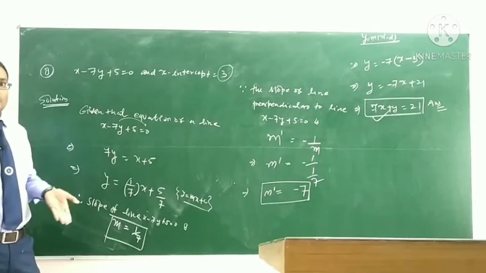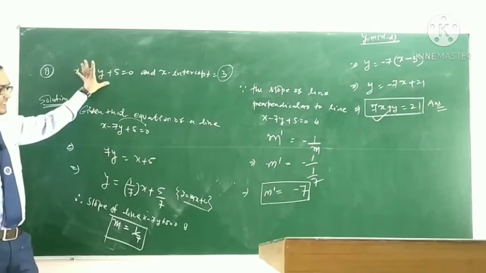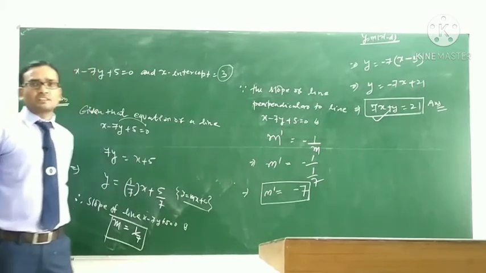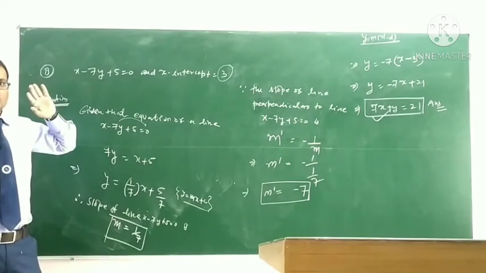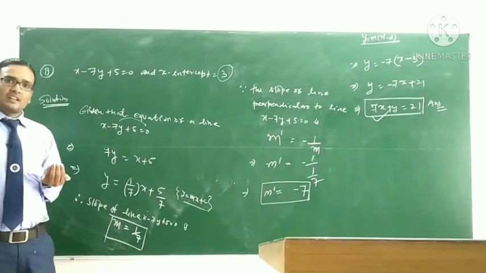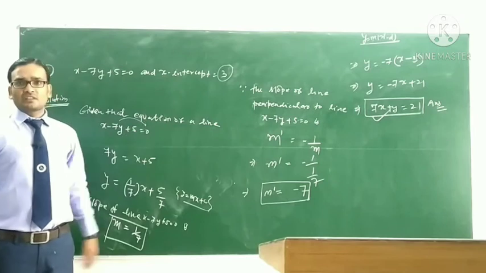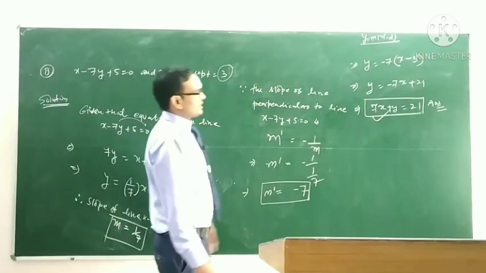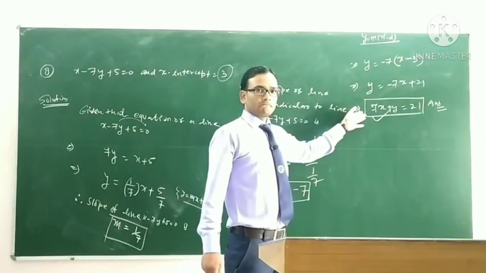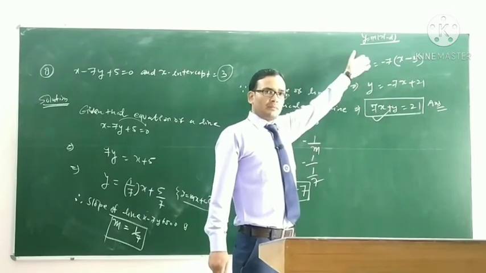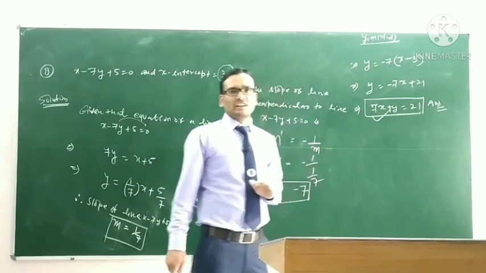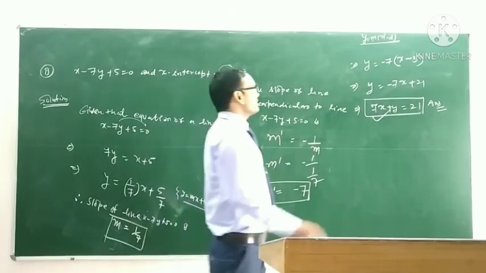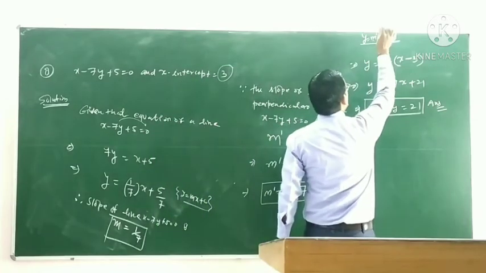The slope of the perpendicular line is m dash equal to minus 7, and the line has an x intercept of 3 units. Then we find the equation of the line with slope m and x intercept d.